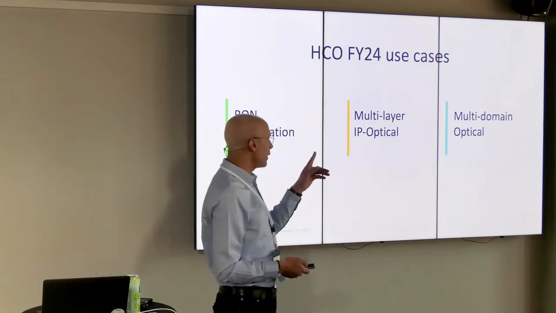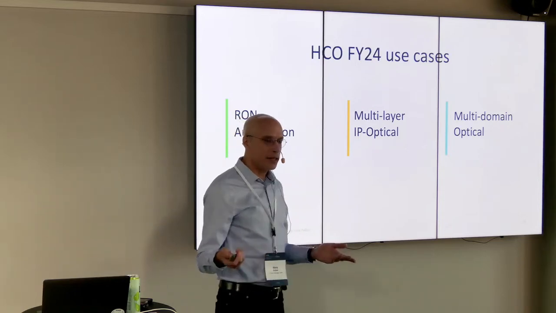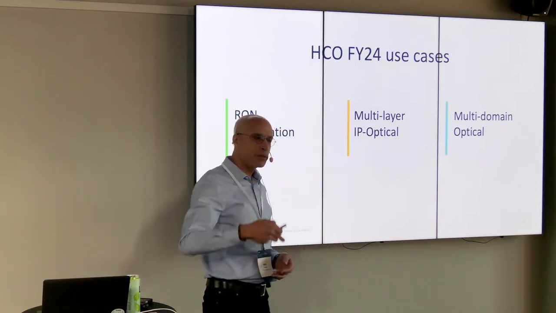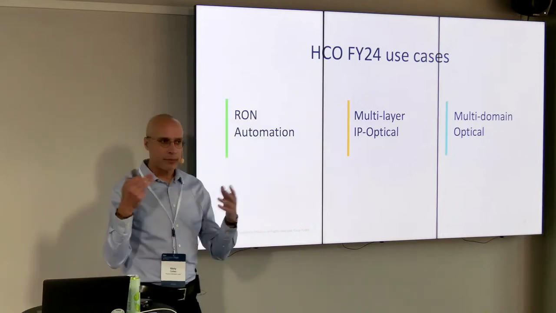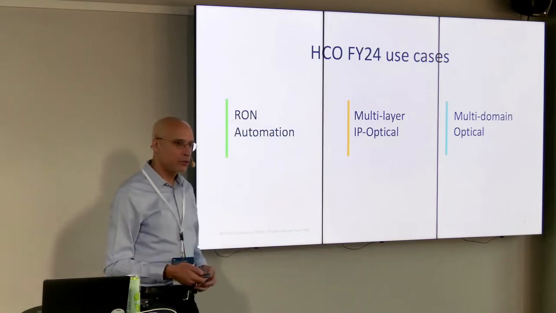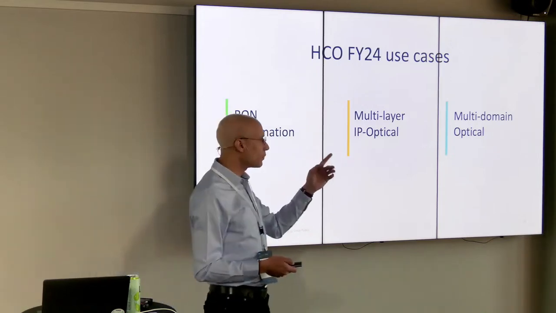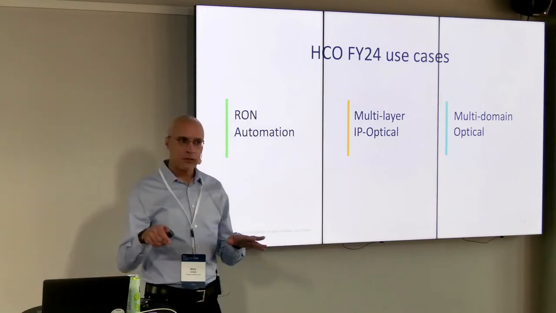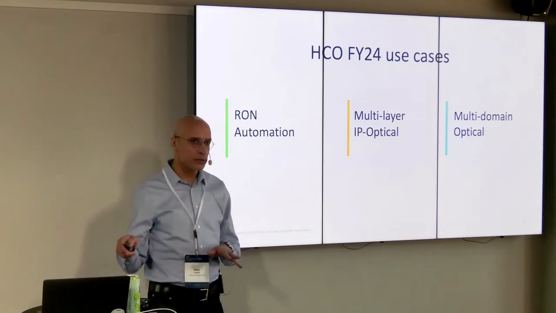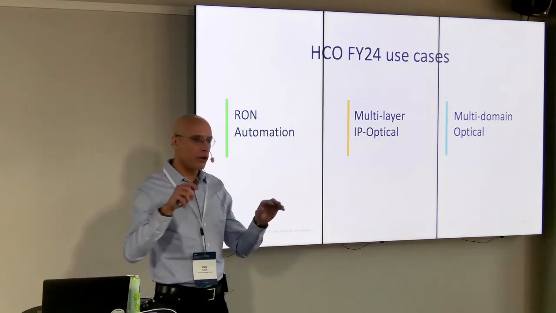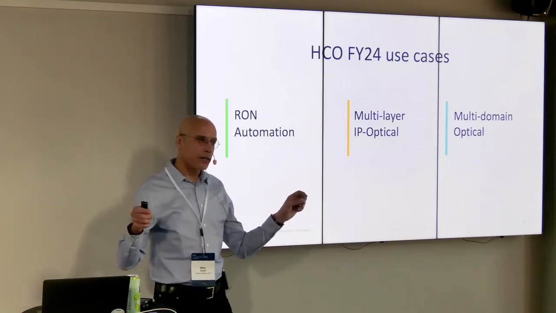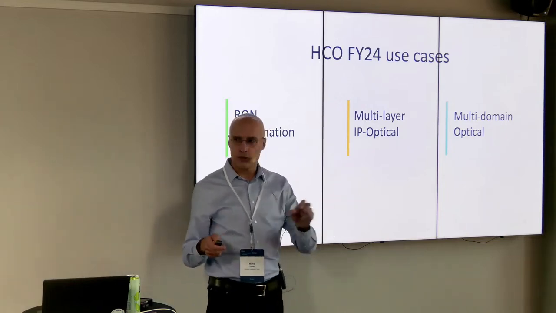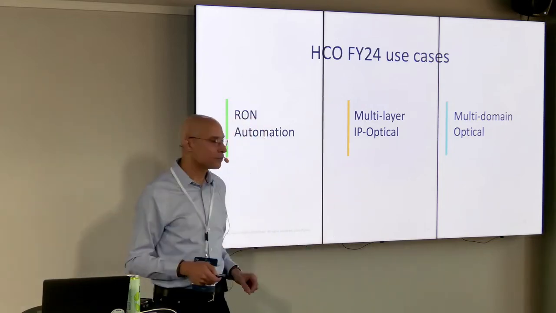There is the multi-layer IP optical, which is a classical case of getting discovery of the IP network and the optical network, and being able to provide a holistic view for the full network. And also the multi-domain optical, which is in case you have several optical domains by different vendors, and you need a holistic view of all of them. Then you can see the optical link traversing from one vendor to another in the same system.